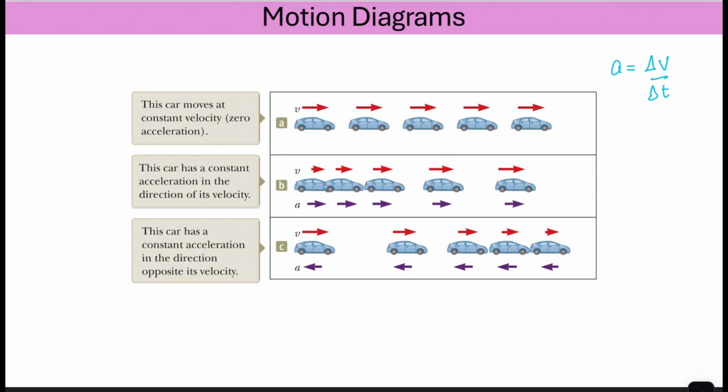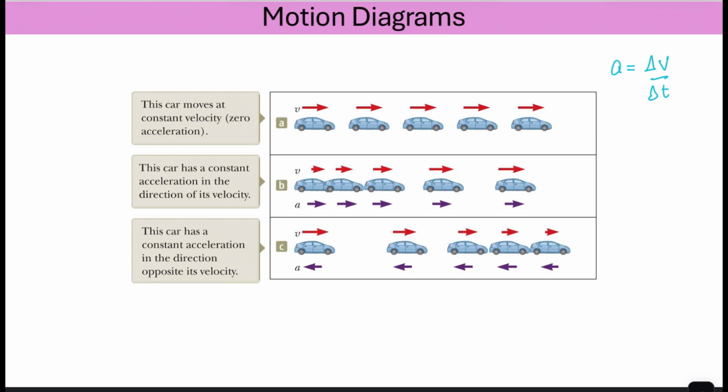And the arrow of the V as well, the length of it is different. It means that the V is not constant, it's changing. Therefore there is A, and the A is constant. Why is it constant? The increment is constant.